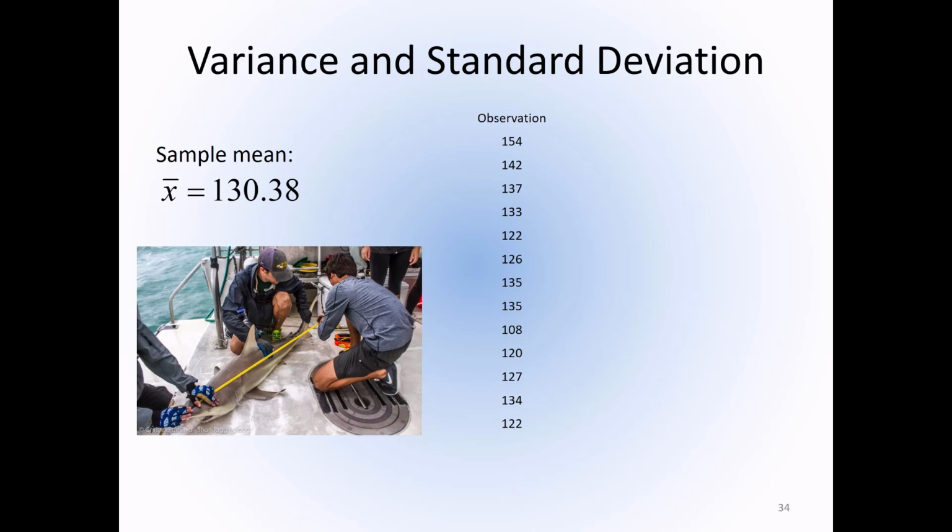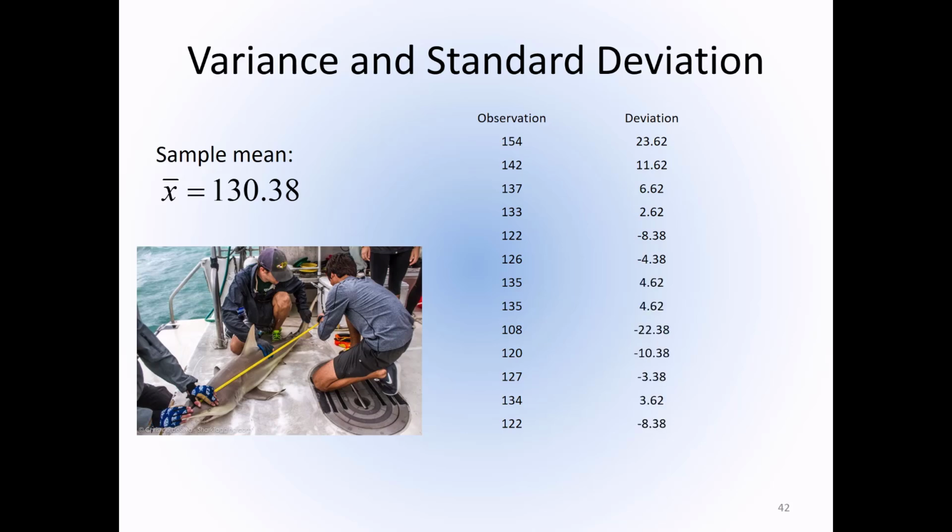The first step in order to calculate the variance will be to calculate the deviation of each one of our data points from the mean. So we take our respective data point, we subtract the mean from that, and then we calculate what that value is. We do so for each one of our respective data points. What we notice is that some of the values are going to be positive and some are going to be negative.